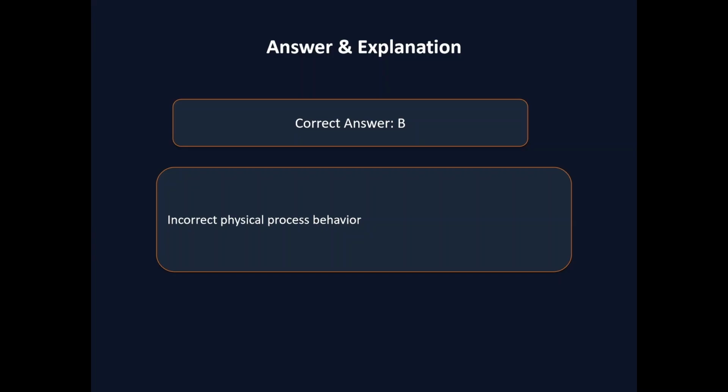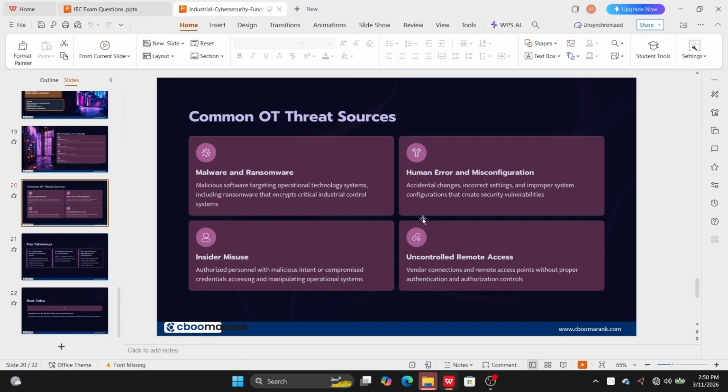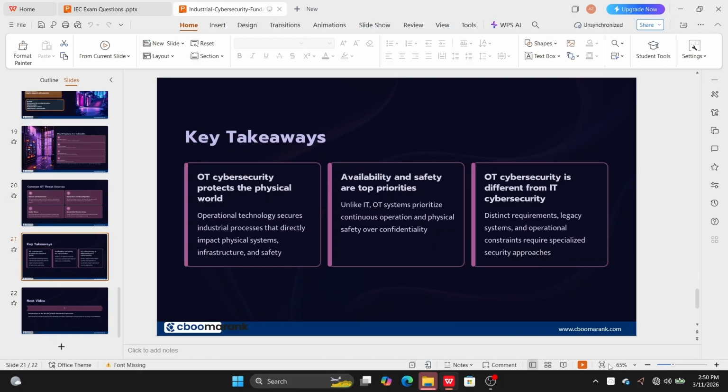OT systems rely on accurate sensor data. If the data is manipulated, the PLC will still execute its logic, but based on manipulated or false information. This can result in unsafe chemical dosing, highlighting the importance of protecting sensor data integrity.